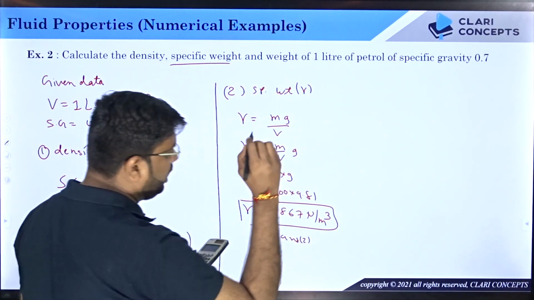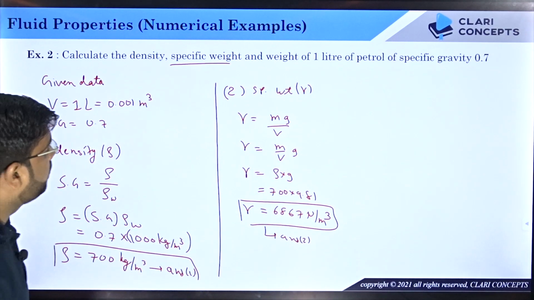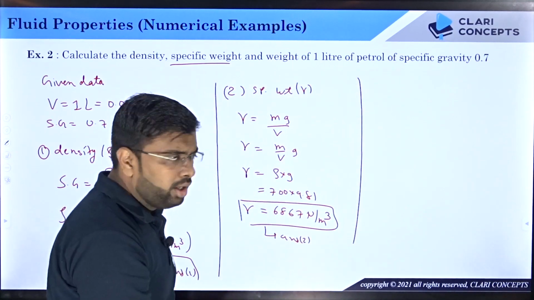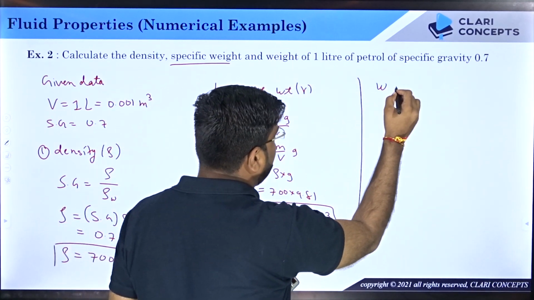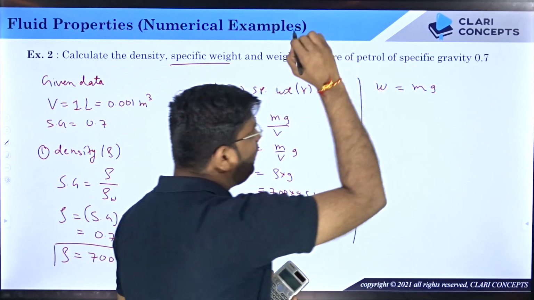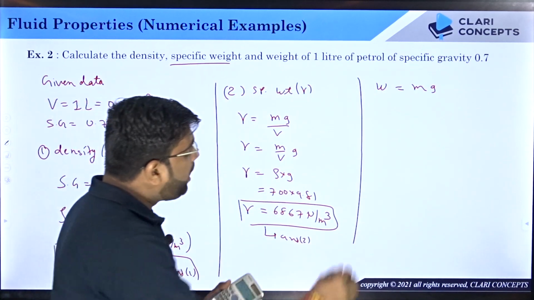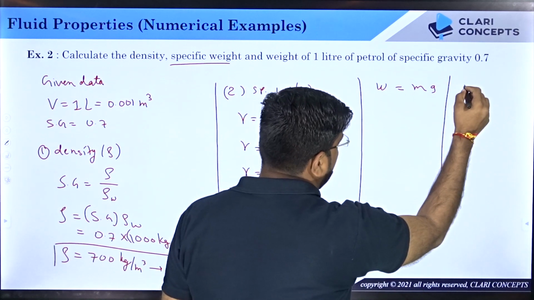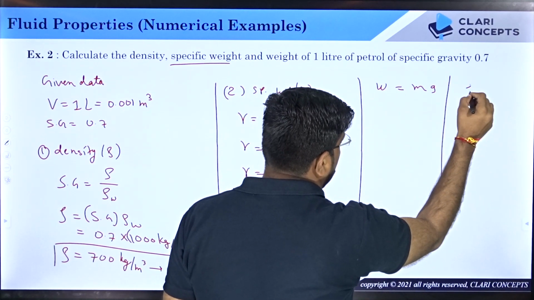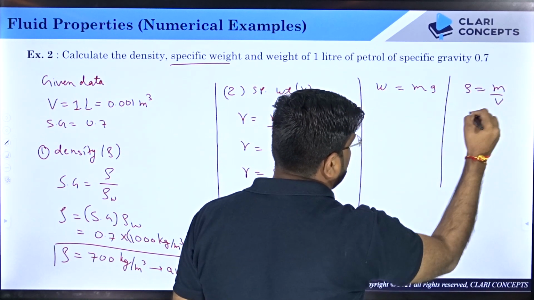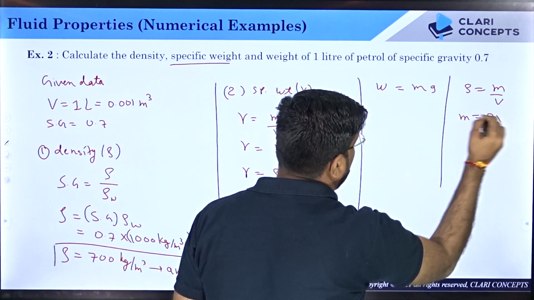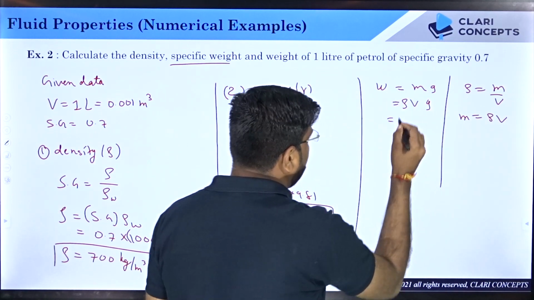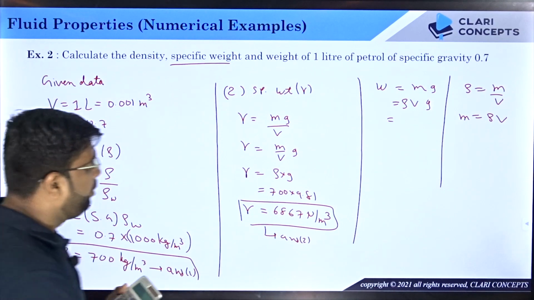I hope you are getting the clear idea of how to solve the numericals. Then finally, the weight of the fluid, weight of 1 liter of petrol. If you want weight of 1 liter of petrol, you must have mass of that and then gravity. Now see, you know density, and density is mass by volume. So mass is density into volume, and weight is density into volume into G. Density of the petrol is 700.